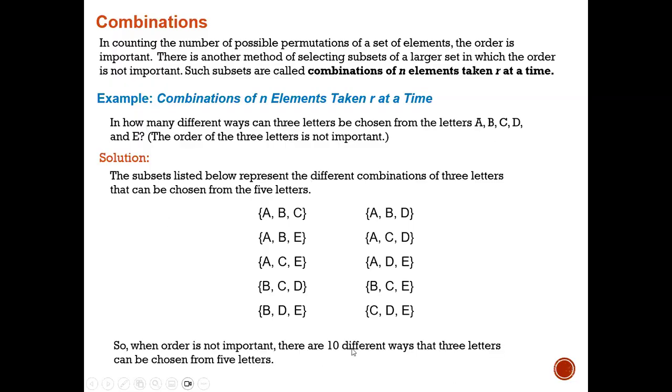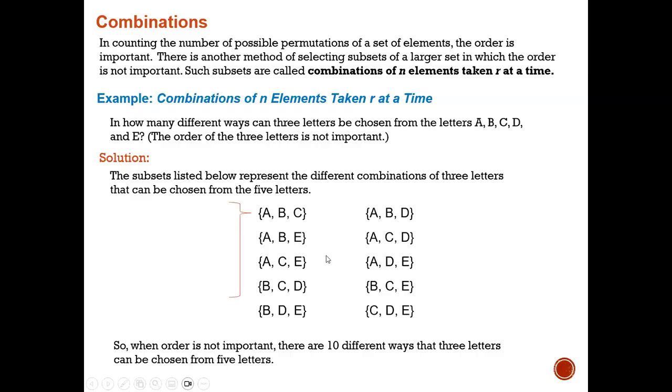Here they are. When order is not important, we end up with 10 different ways these letters can be chosen from 5 letters. You can see all of them. The order doesn't matter. So there's 10. So the set ABC for a combination would be the same as CBA if I move the letters around. So for combination, all of those don't matter.